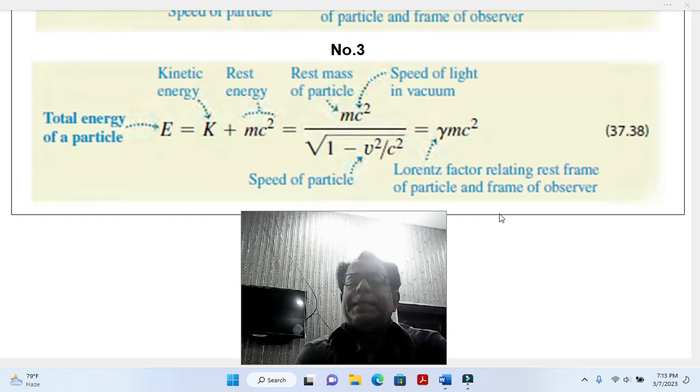This alternatively becomes equal to mc square over square root of 1 minus v square over c square, or in other words, gamma mc square, where gamma is the Lorentz factor relating the rest frame of the particle and the frame of the observer, v is the speed of the particle, m is the rest mass of the particle, and c is the speed of light in vacuum.